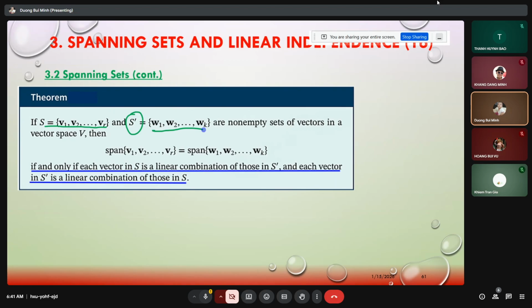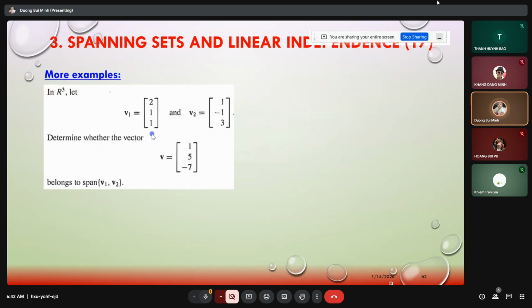So span S equals span S prime if and only if each vector in S is a linear combination of those in S prime, and each vector in S prime is a linear combination of those in S. That means V1 is a linear combination of all vectors in S prime, and then we need to demonstrate back that W1 is a linear combination of all vectors in S. So we say span S is equal to span S prime.